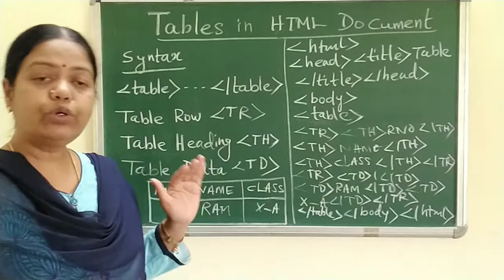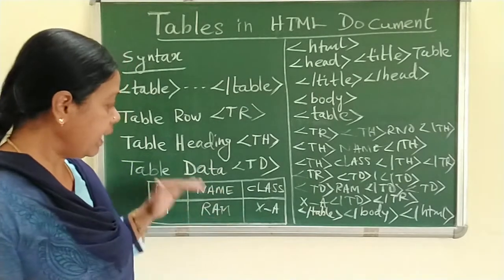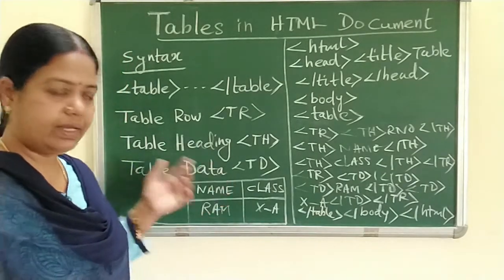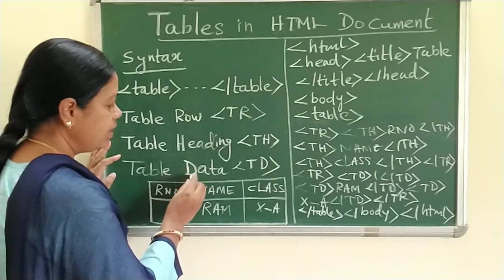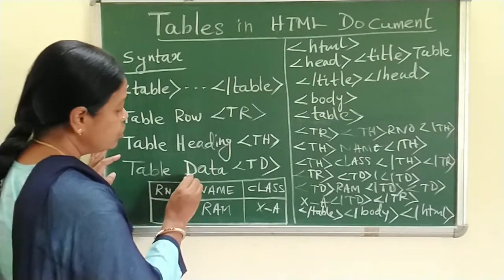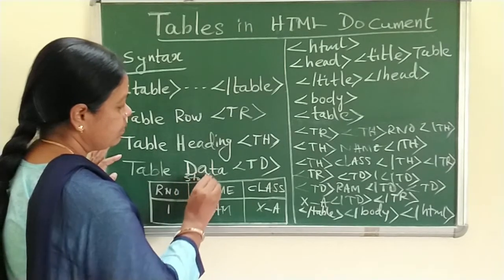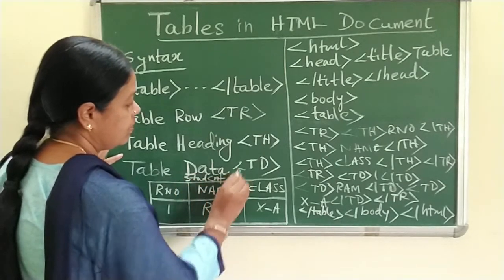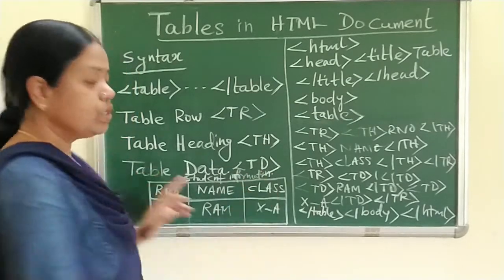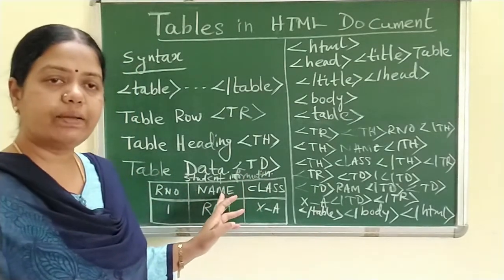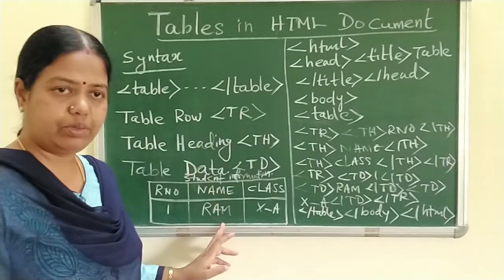Sometimes we want to provide a heading to our table. For example, this table can have a title, student information. So you want to include the heading for this table.